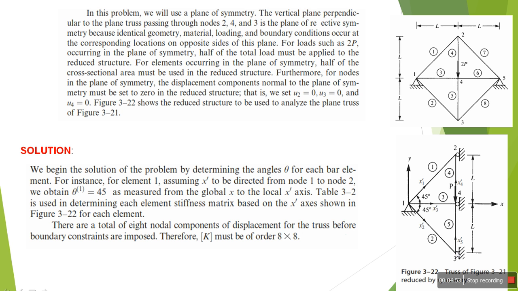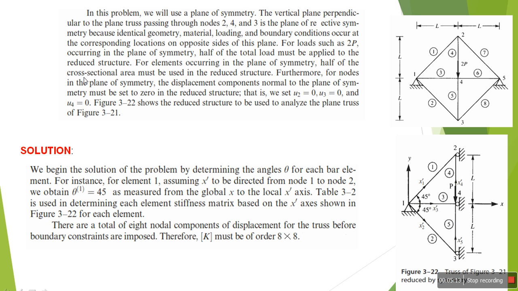So we have half of the cross-sectional areas of the elements in the plane of the symmetry, and we will take a half of the load.